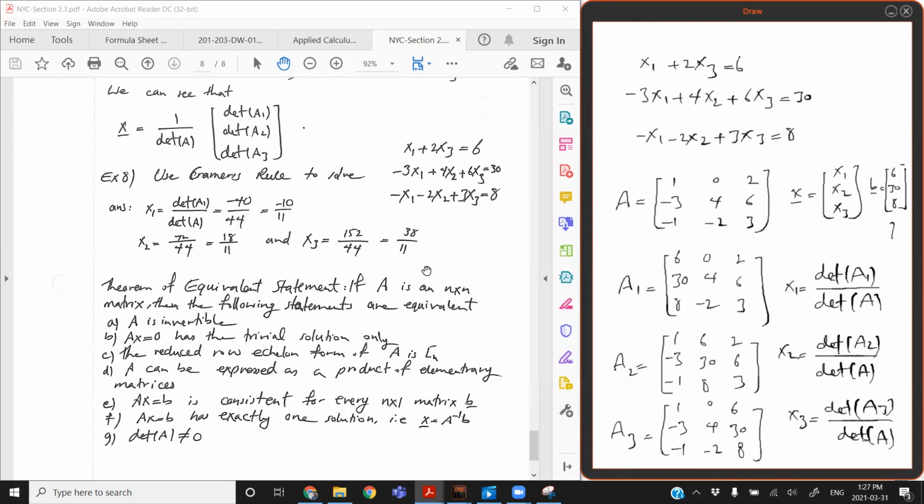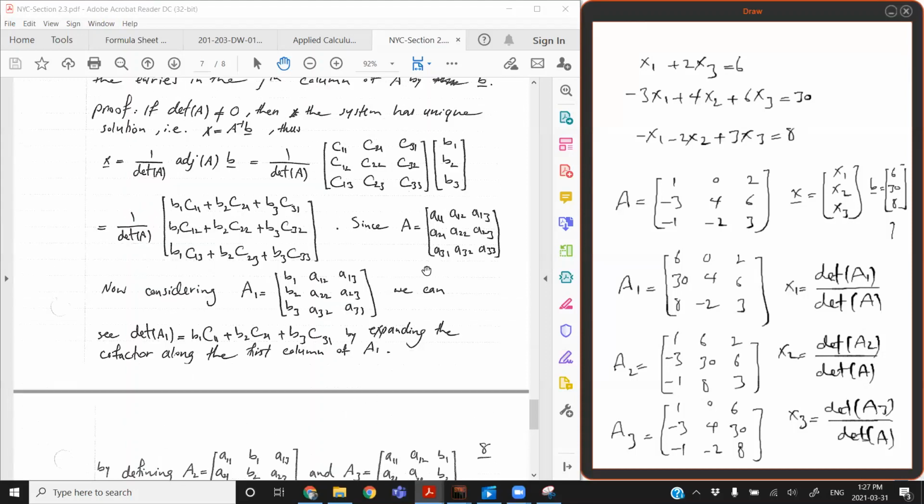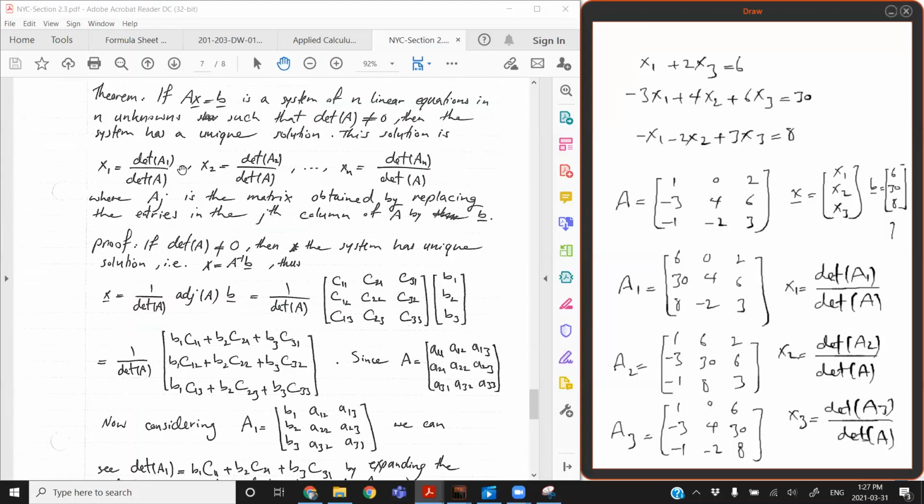So I was trying to explain this here. It says that where Aj is the matrix obtained by replacing the entries in the jth column of A by B. So for example, A1 is the matrix obtained by replacing the entries in the first column of A by B, A2, second column, A3, third column.